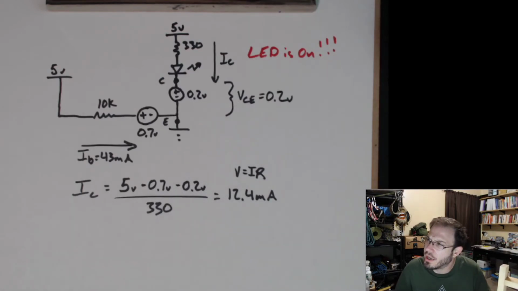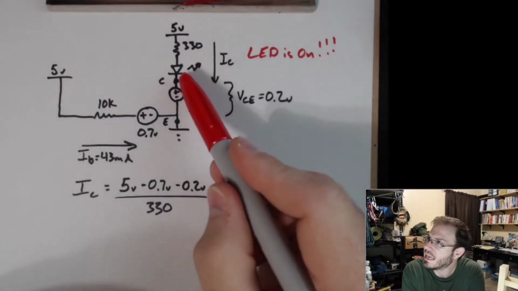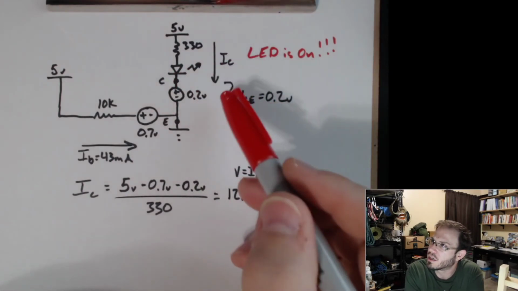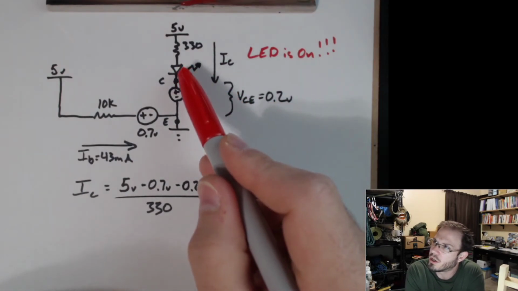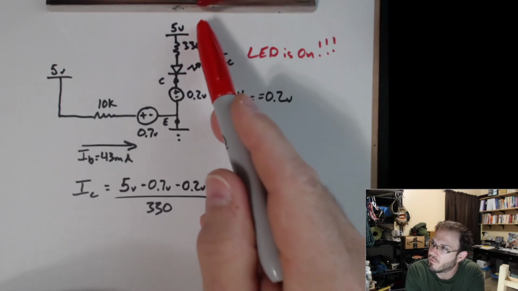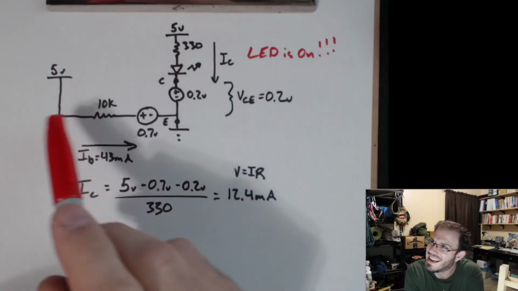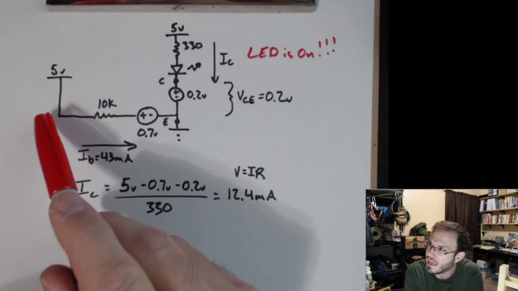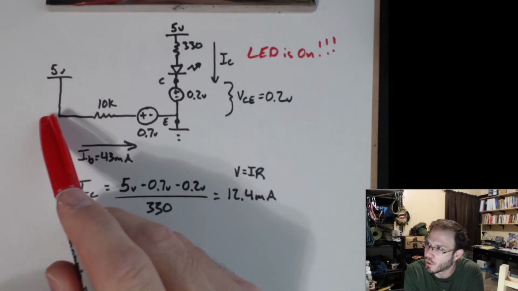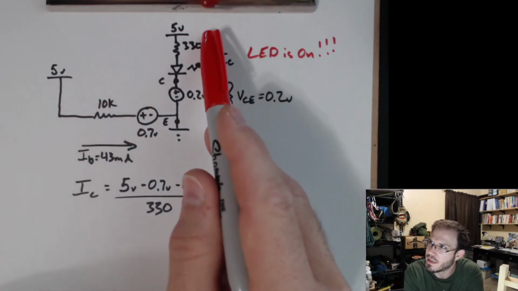Now, a couple of things to point out over here. Where is the current coming from that's being used to drive our LED? Our LED is being turned on because of the collector current. Where's the collector current coming from? Well, it's coming from our 5-volt source. It's not coming from the output of this microcontroller. See what we did there?